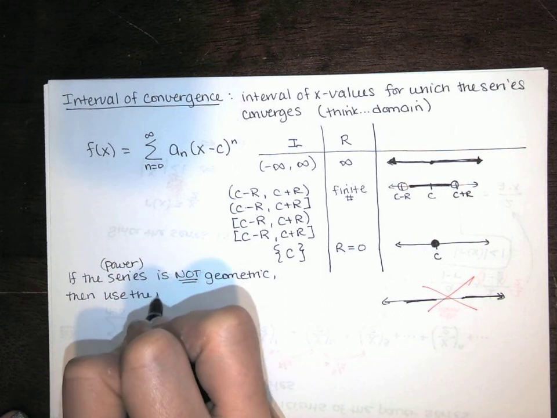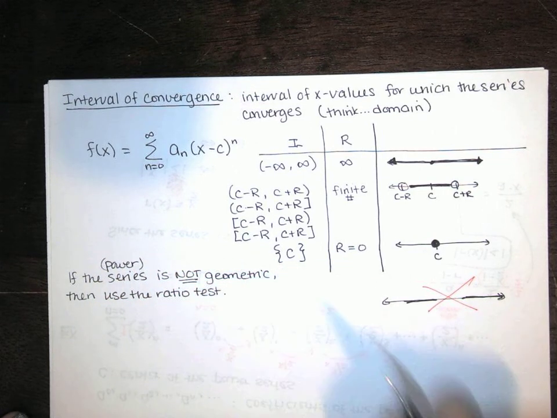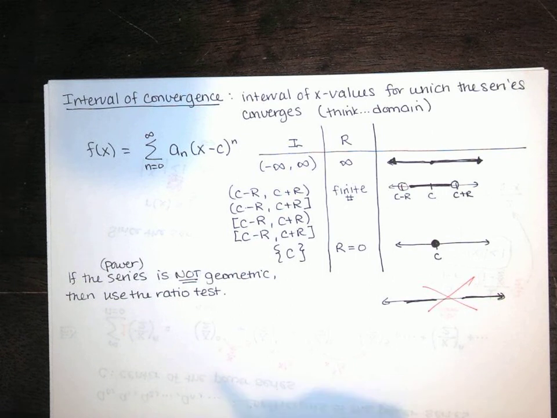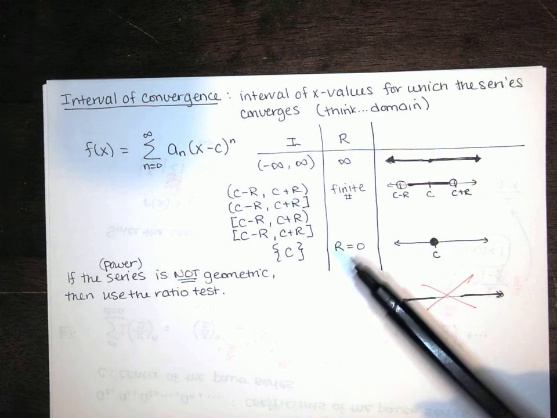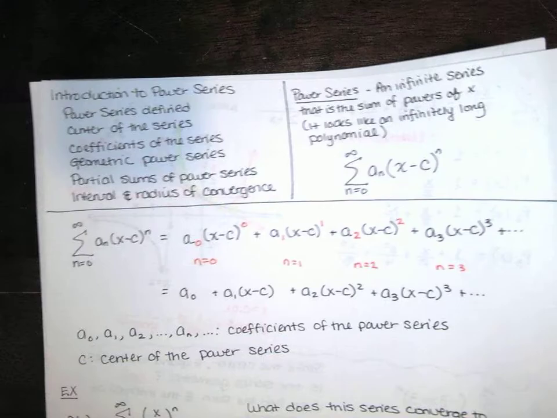You want to use the ratio test. In the next video, we'll use the ratio test to find the intervals of convergence and the radii of convergence of several series. So I'll just save that for the next video. But that's your introduction to power series.